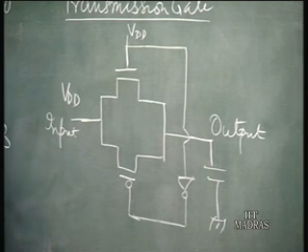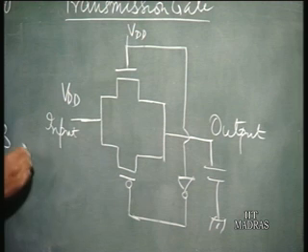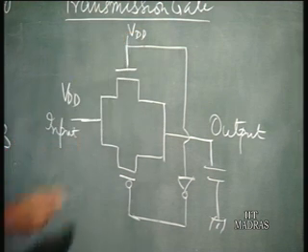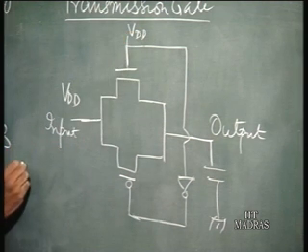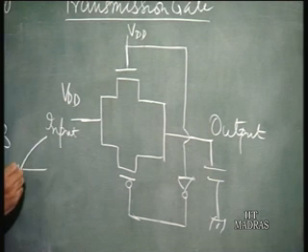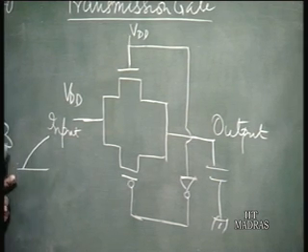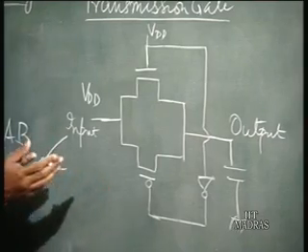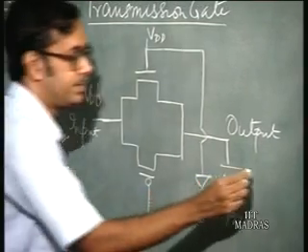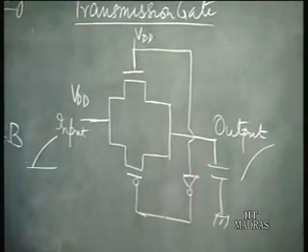So, in fact, if you look at it this way, suppose the input, you have a VDD here, and the input is going from low to high. What you would expect if it is a perfect switch is the output would also go from low to high, change like this.